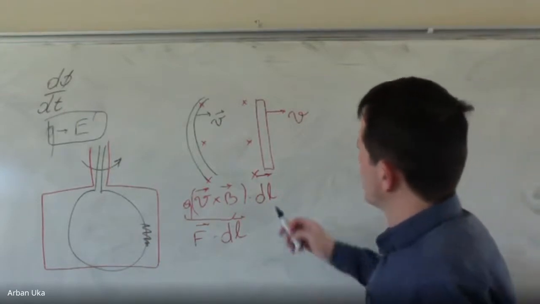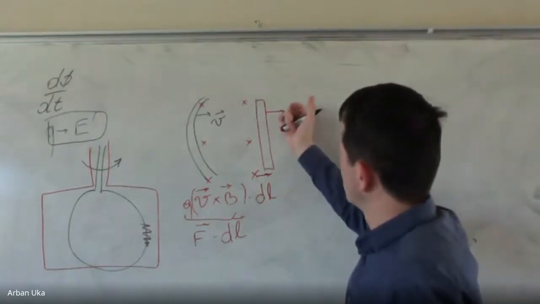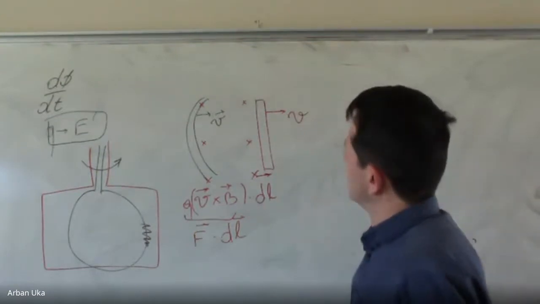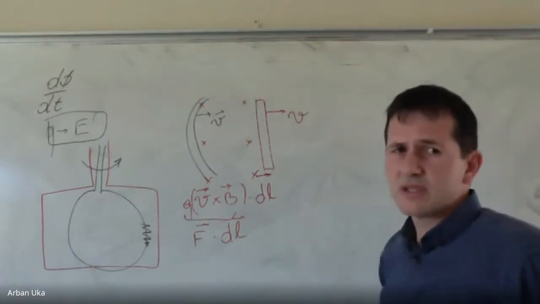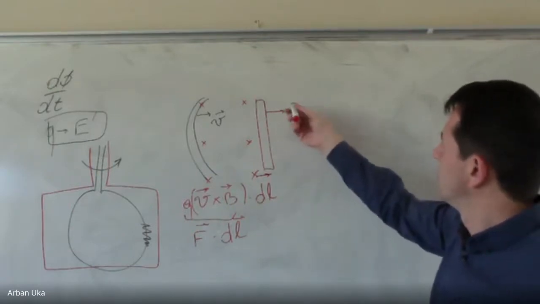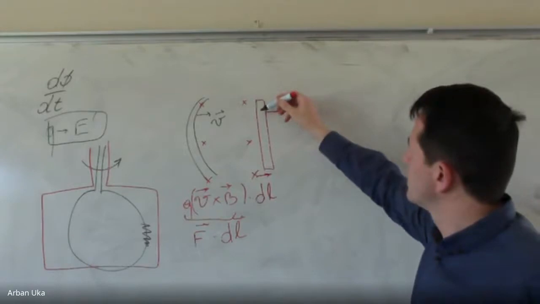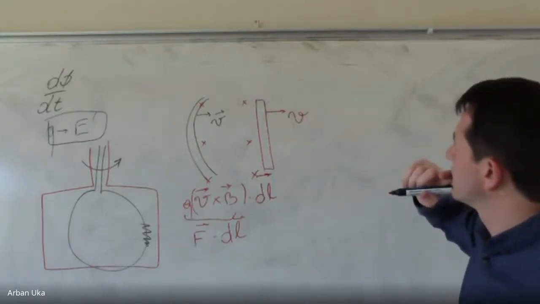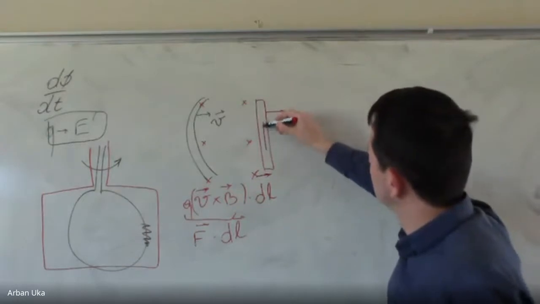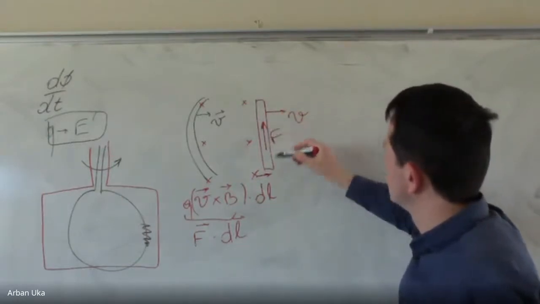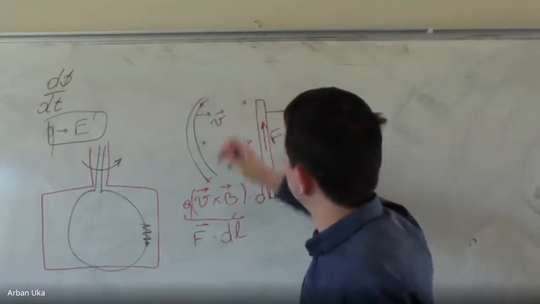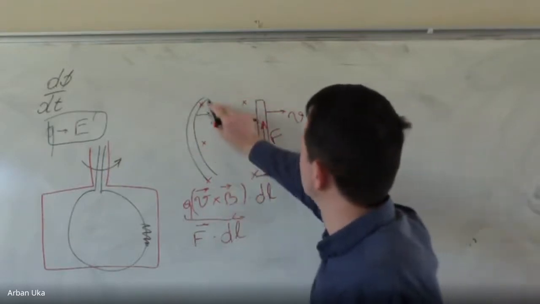Now the force, what is the direction of the force? It looks like the force will also be the same. That's how it looks to me, because v cross B is going to be a force pointing upwards. Okay. So this will be the force. It will be pointing upward.